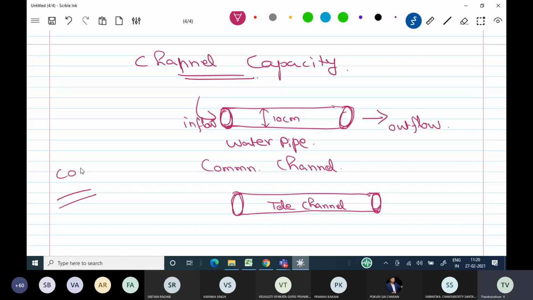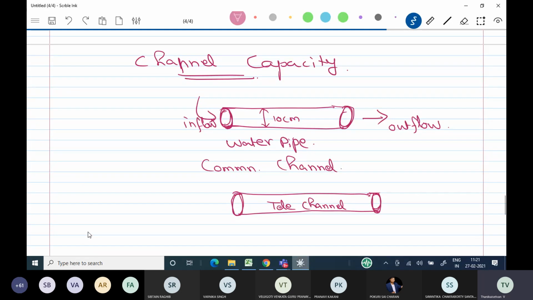Cables are of different types: twisted pair cable, coaxial cable. Twisted pair is like a flat cable, with an upper wire and a lower wire. Coaxial cable has a center copper wire surrounded by a shield. So you understand the functionality of these channels.